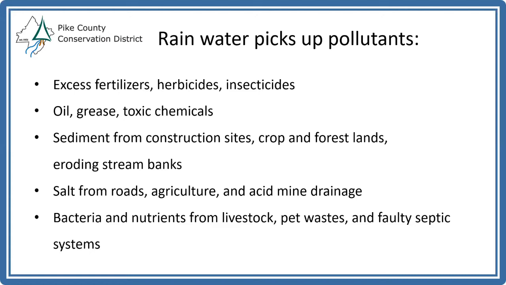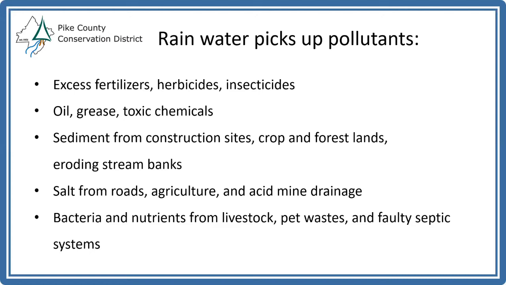It could be picking up sediment from construction sites, crop and forest lands, and eroding stream banks. So places where there aren't a lot of plants or other things to hold the dirt in place, it's very easy for stormwater runoff to pick up dirt and bring it into a river. Also salt from our roads, agriculture, and acid mine drainage.